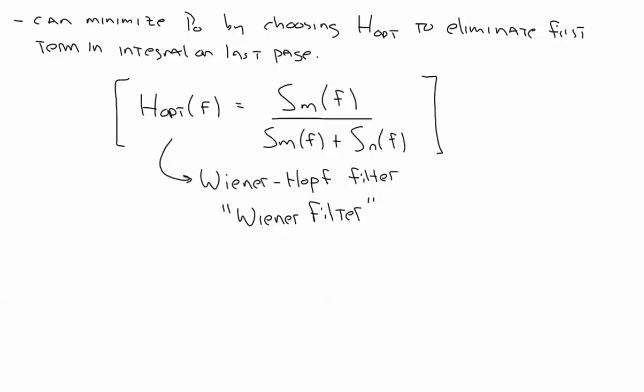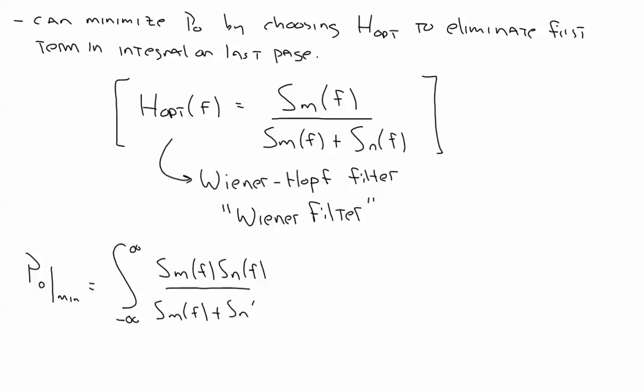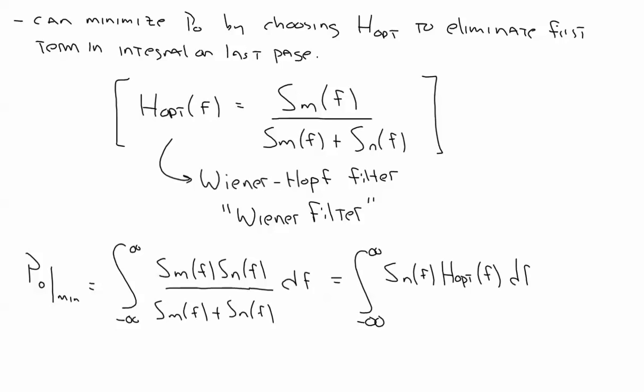All right, so assuming that we eliminate the first term in the integral in the middle of the last page, my minimum output noise power is... And interestingly enough, if you carefully take a look at this, you'll notice that this is the integral from minus infinity to plus infinity of my noise power spectral density times my optimum filter.